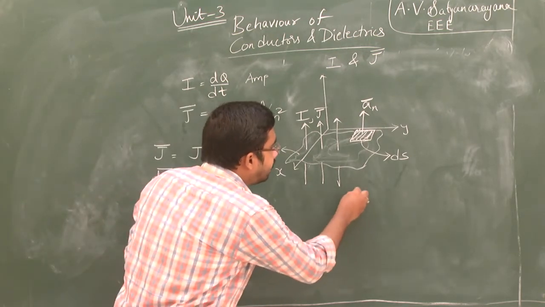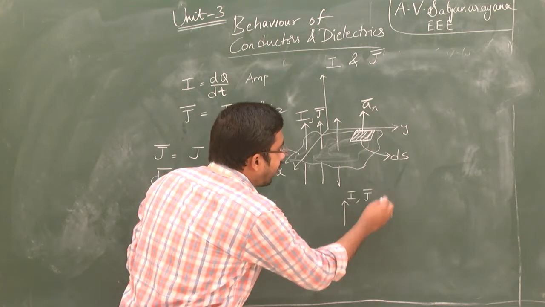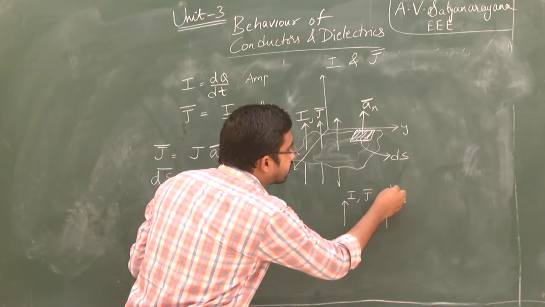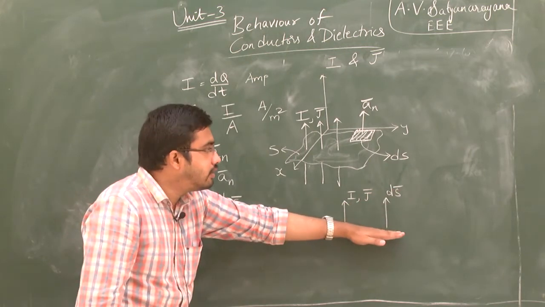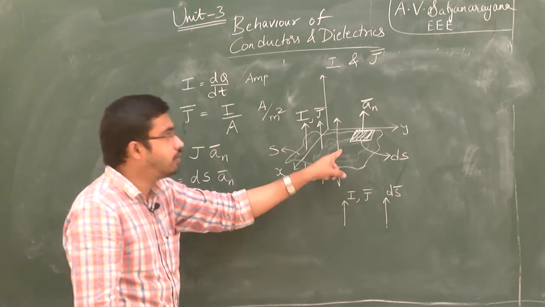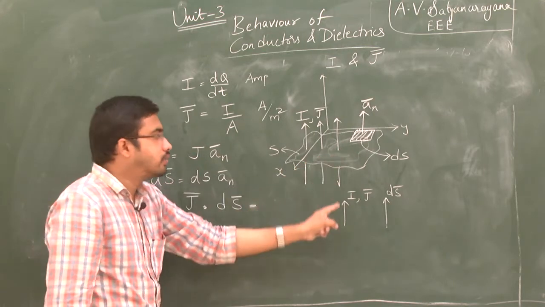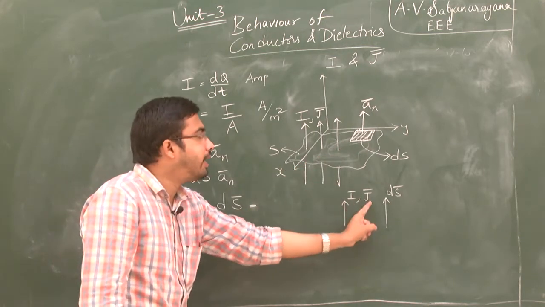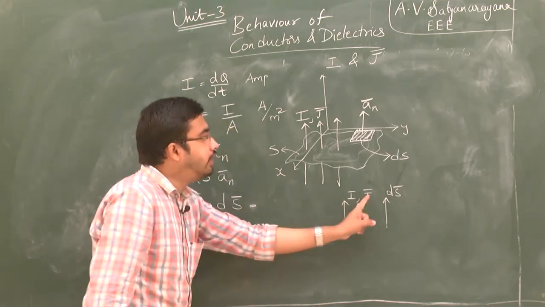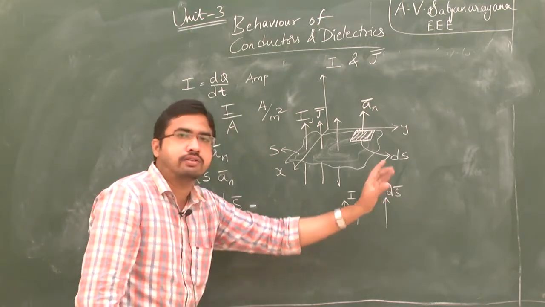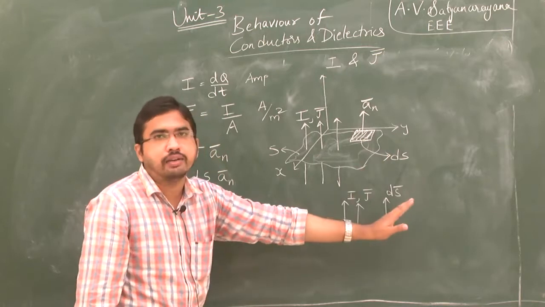Your I bar and J bar are like this, and your ds bar is also like this. All these are parallel to each other, and these vectors are perpendicular to the surface that you are considering. So what is the angle between I bar and J bar? 0. Both are parallel to each other. What is the angle between J bar and ds bar? That is also 0, because both are parallel to each other.